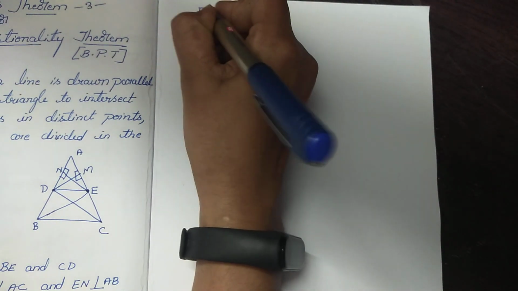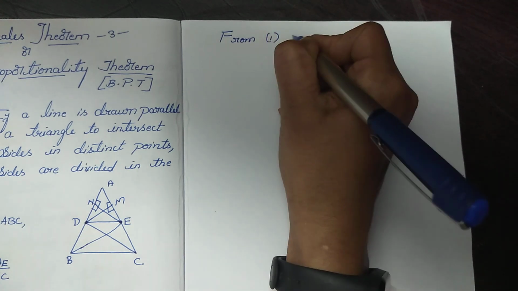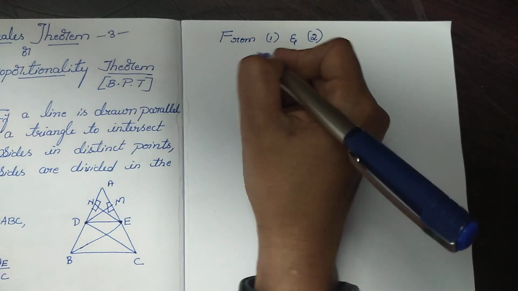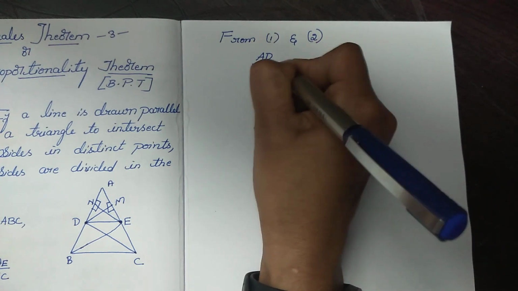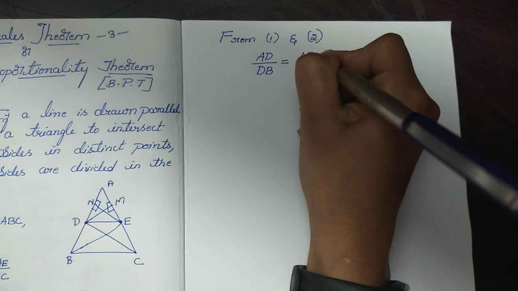So from 1 and 2, we can conclude that AD by DB is equal to AE by EC.